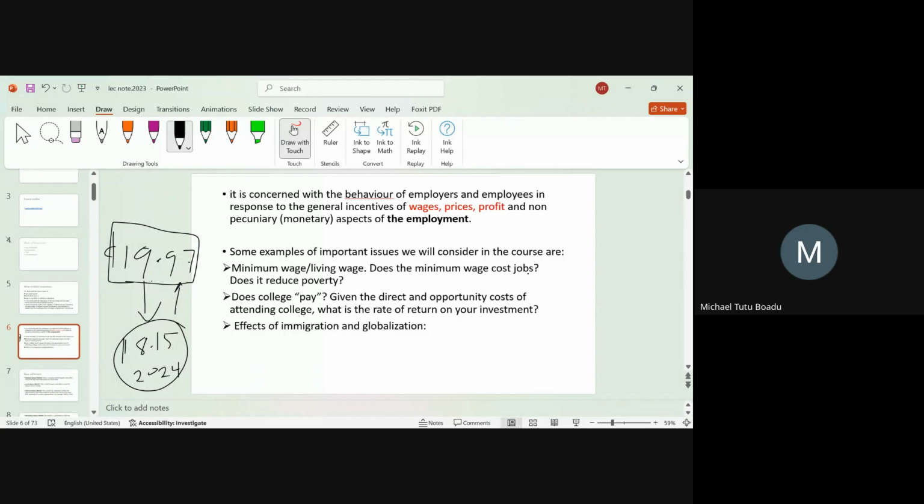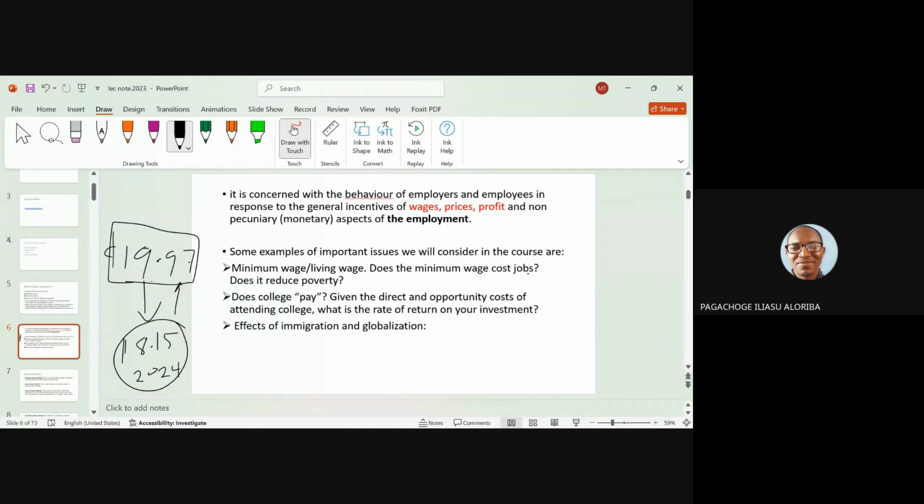And does an increase in the minimum wage reduce poverty? So can someone respond to any of these questions? I asked 2 questions. Does the minimum wage cost jobs? And if it does, how?